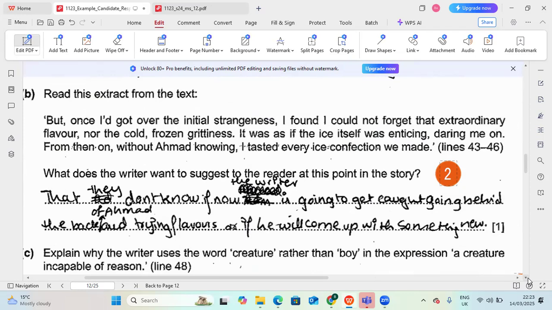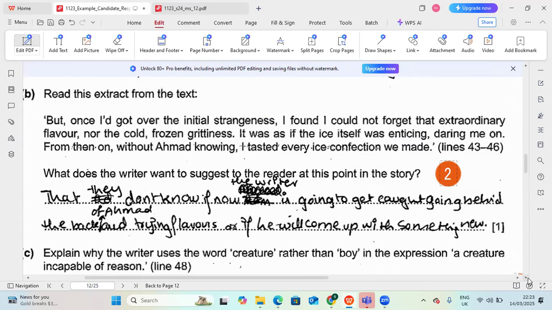It was as if the ice itself was enticing, daring me on. From then on, without Ahmed knowing, I tasted every confection we made." So what does the writer want to suggest to the reader at this point of the story? It's a 1 mark question.